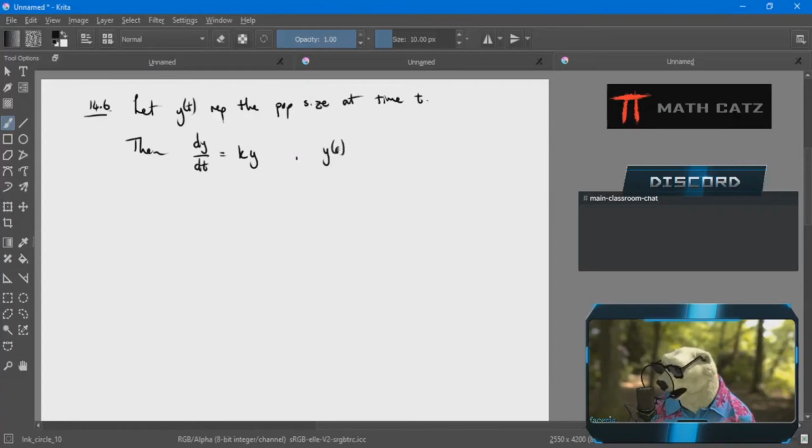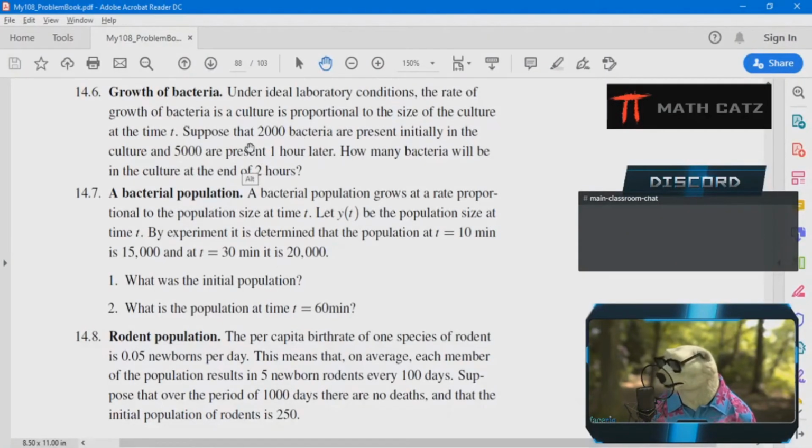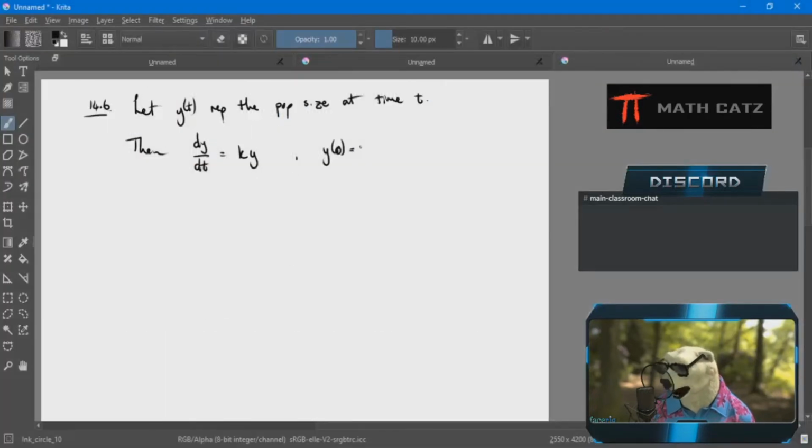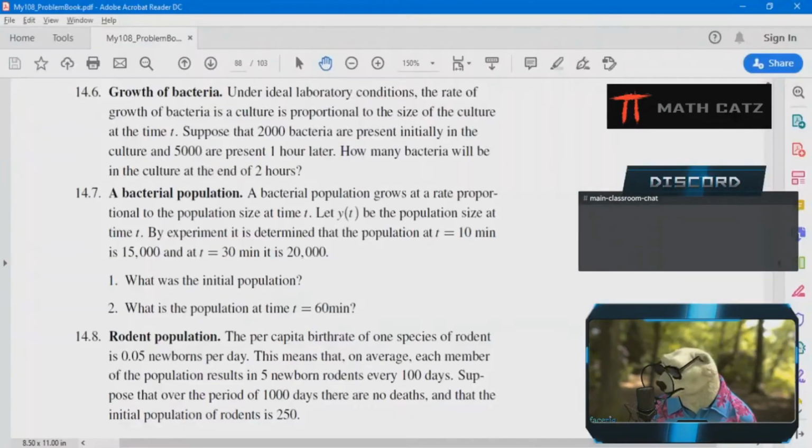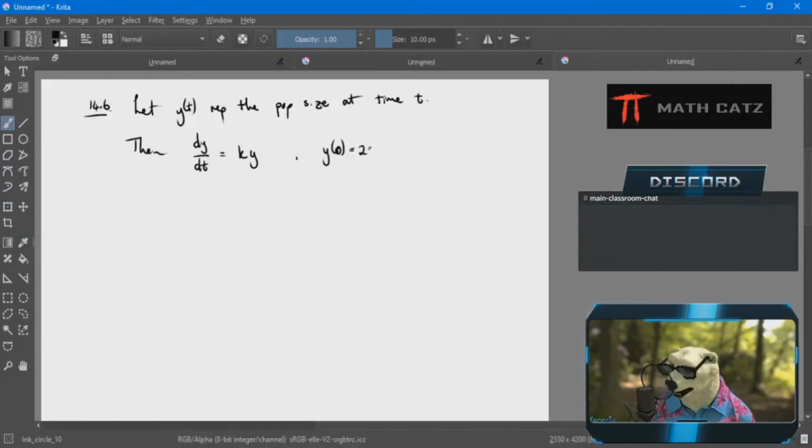And initially, I might have an amount. So in this case, they tell me 2,000 bacteria are present initially, but they don't tell me the growth constant. So I'm going to leave that as a k. 2,000 initially. And k is going to be my, right now, unknown growth constant.